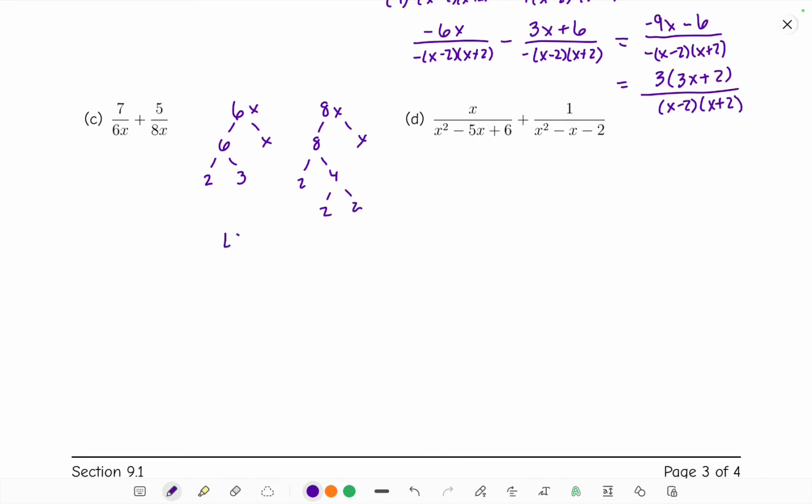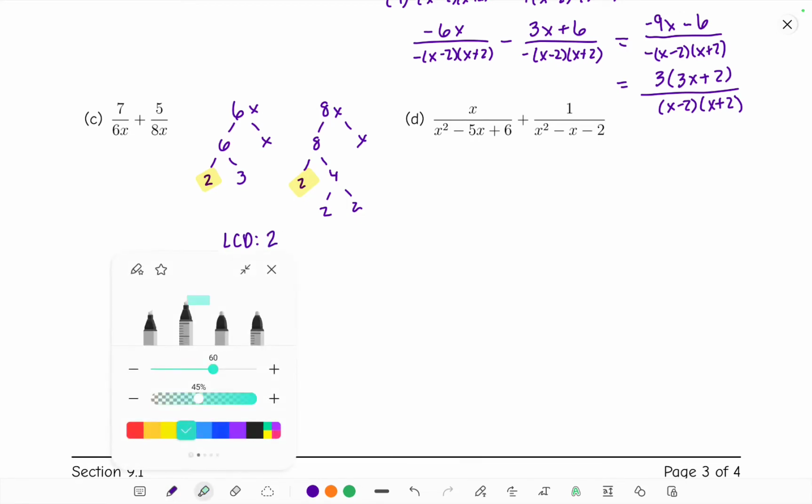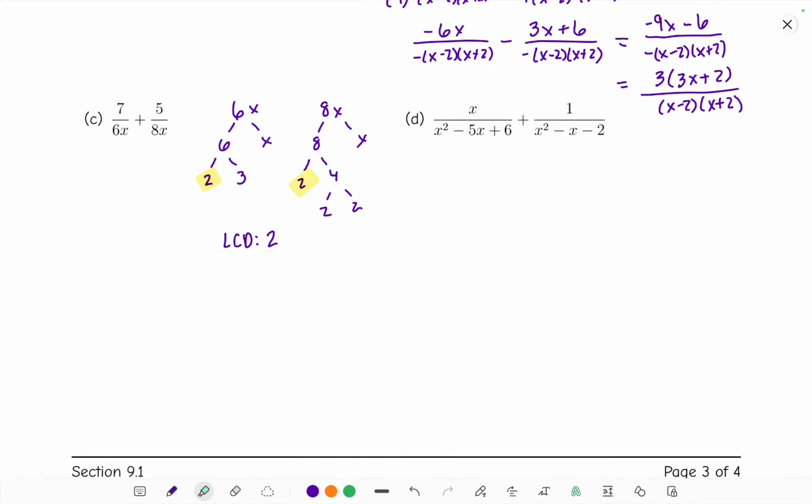So again, for the LCD, we're looking for pairs. So 2 and 2. So I get 2. And then x and x, so we get an x times everything else. So 3 times 2 times 1, 2.